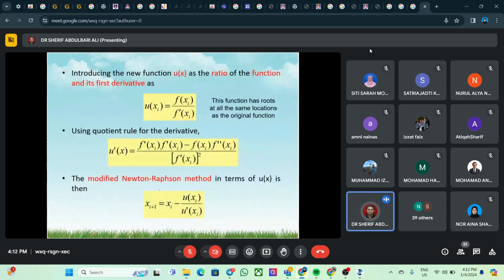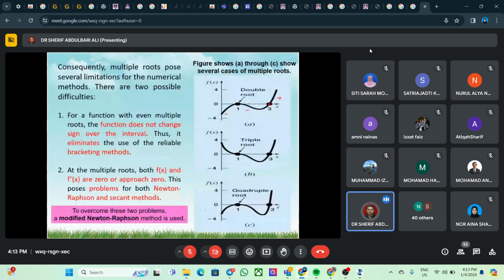If you remember the Newton-Raphson equation, the new value of x is equal to x minus the function over the first derivative of the function. So if the first derivative is 0, you are going to get an error, which is division by 0. That's why in a multiple root, the first derivative or the function itself is almost 0 or approaching 0. This is a serious limitation of Newton-Raphson.